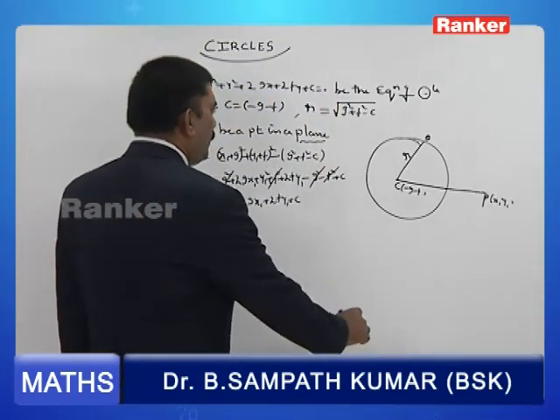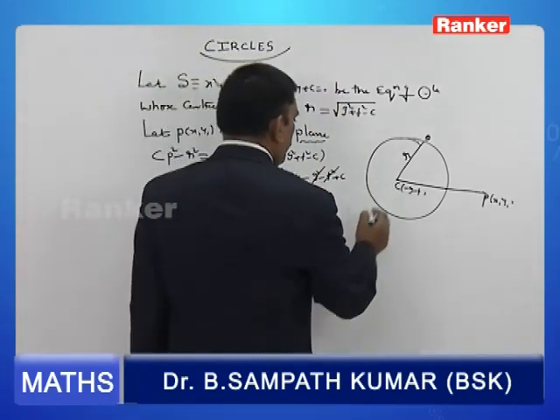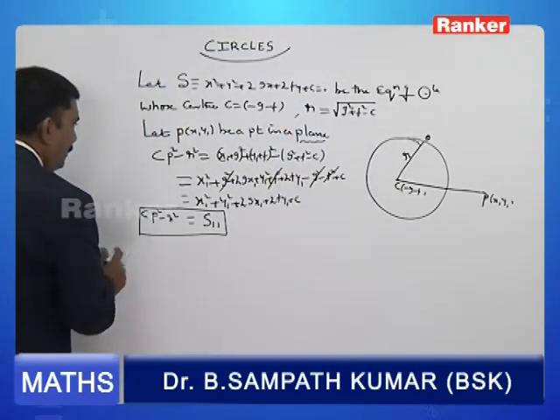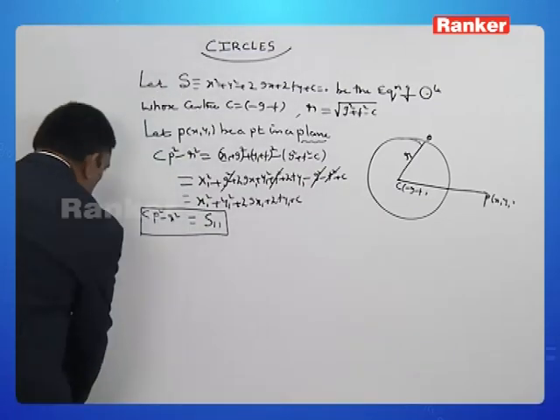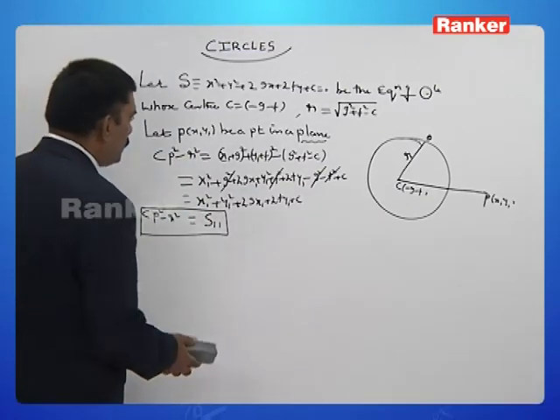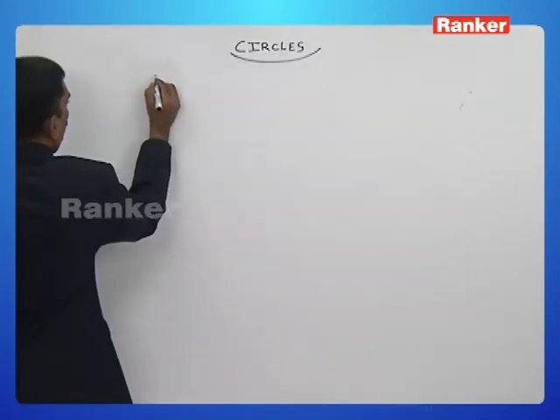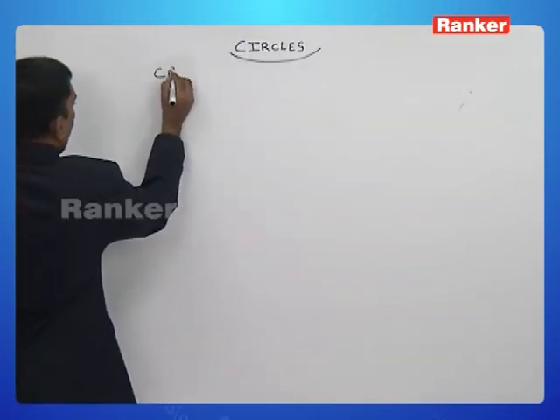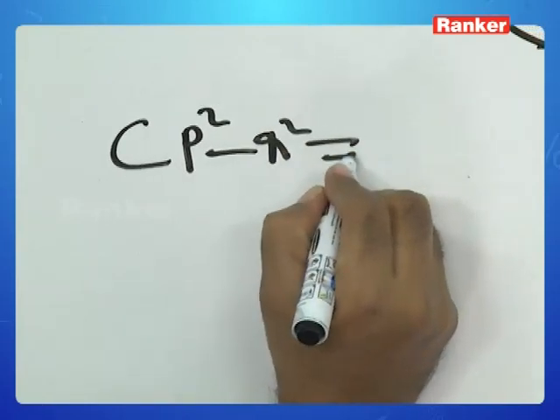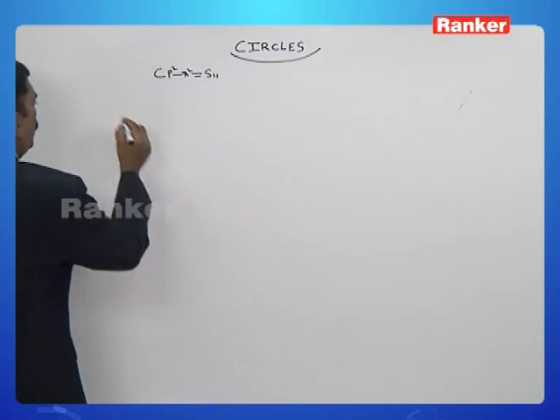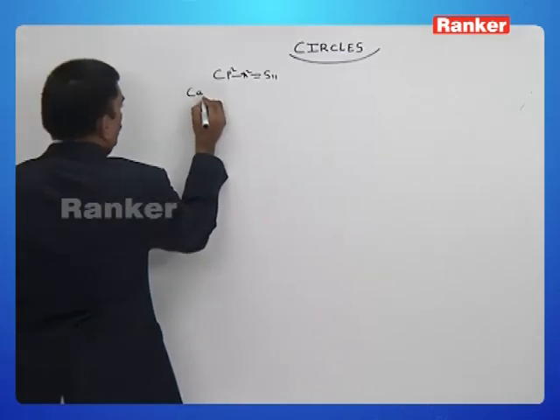Now, I have taken case 1, when the point P lies outside the circle. We have proved here CP square minus R square is equal to S11.